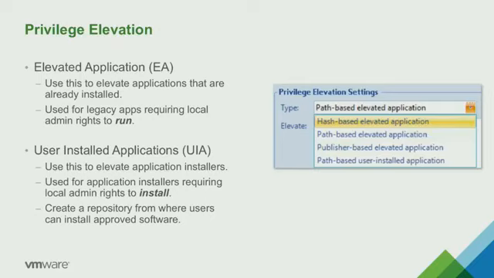For the installation, you can create a repository of installation files and say, I want them to allow them to install these. So even though their Windows permissions don't give them enough administrative authority to install that application, you can do that. So you select what applications this applies to.